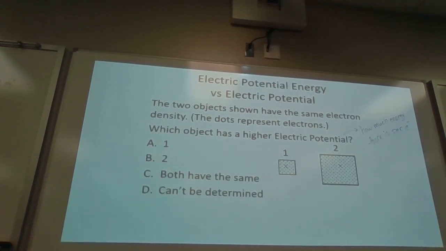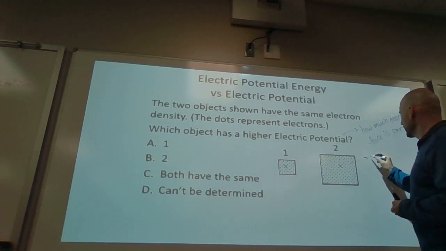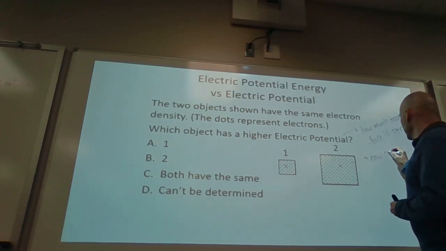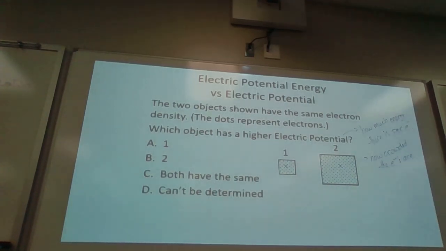Electric potential is how much energy there is per electron. Another way to describe that is how crowded the electrons are.